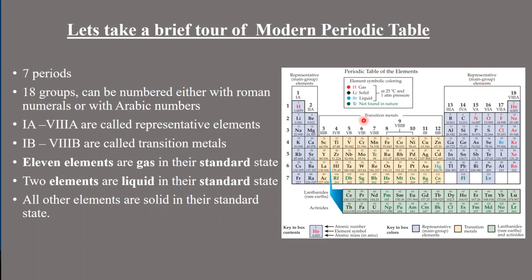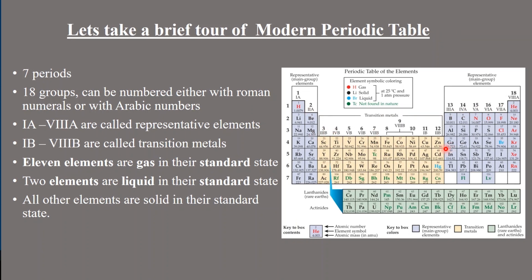When the groups are numbered with Roman numerals, each numeral is followed by either A or B, like we have 1A, 2A, 3A, 4A, 5A, 6A, 7A, 8A, and then here we have the B family.